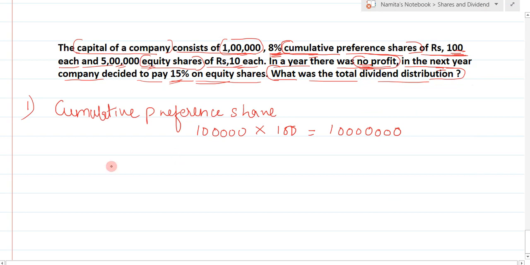So now the company has to pay dividend for 2 years in the case of cumulative preference share. Why? Because in 1 year there was no profit and in next year the company decided to pay 15% on equity shares.